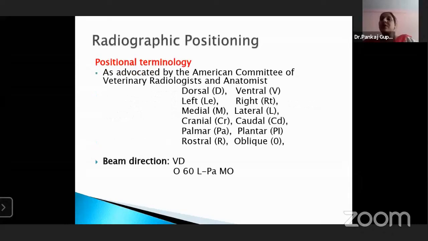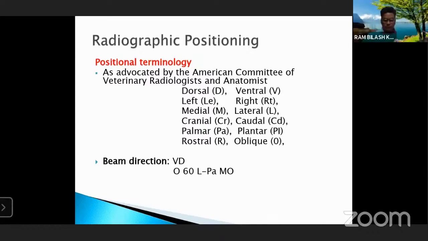Now the radiographic positioning. As advocated by the American College of Veterinary Radiologists and Anatomists, certain abbreviations are given which are followed all over the world and are common. We write D for dorsal, V for ventral, LE for left, RT for right, M for medial, L for lateral, CR for cranial, CD for caudal, PA for palmar, PL for plantar, R for rostral, and O for oblique.